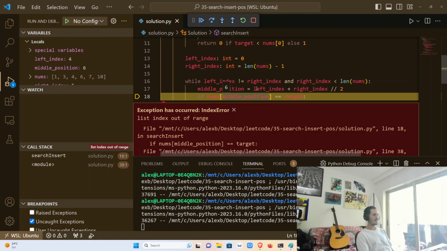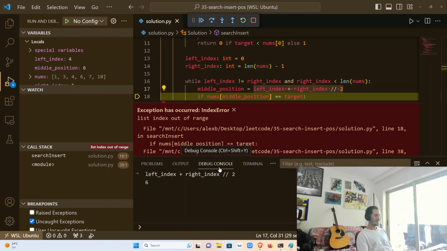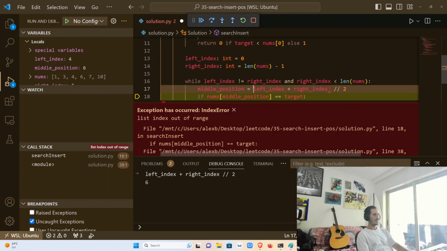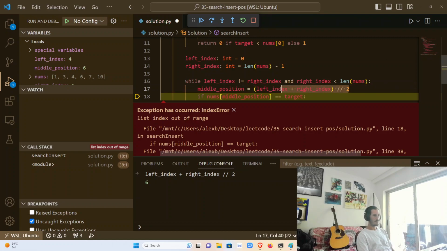This is 6. 4 plus 5. Division. You don't say. You don't say. Gosh! Really?